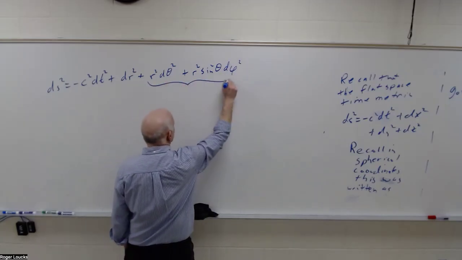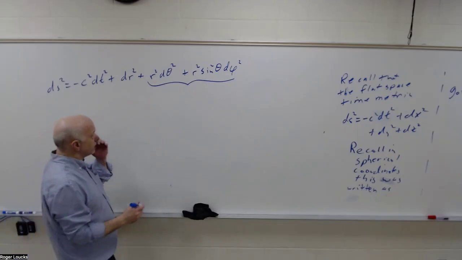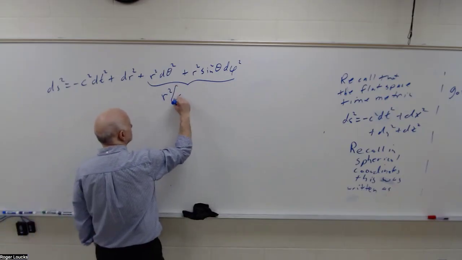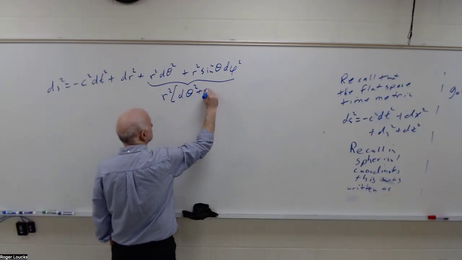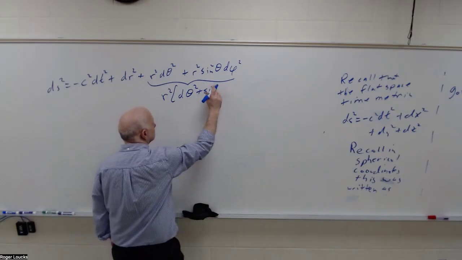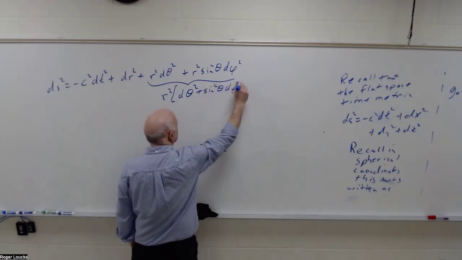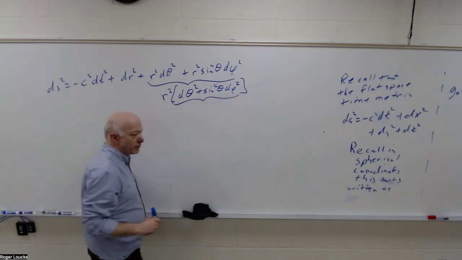And generically, how does this whole piece become? Remember, you write it like this. And then generically, what do you call all that piece here?